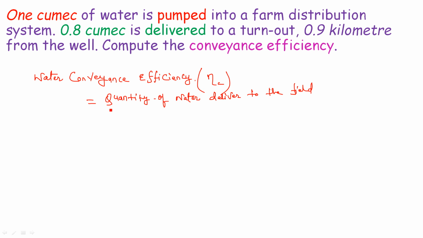Water conveyance efficiency is the ratio of the quantity of water delivered to the field to the quantity of water diverted into the canal system.